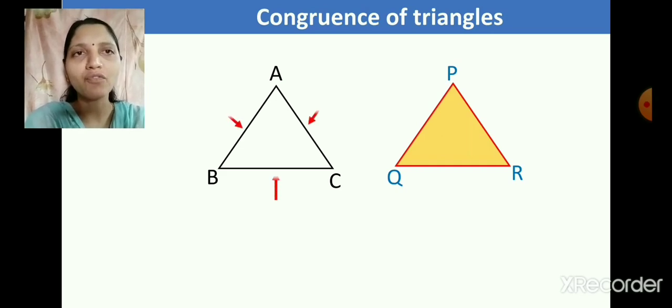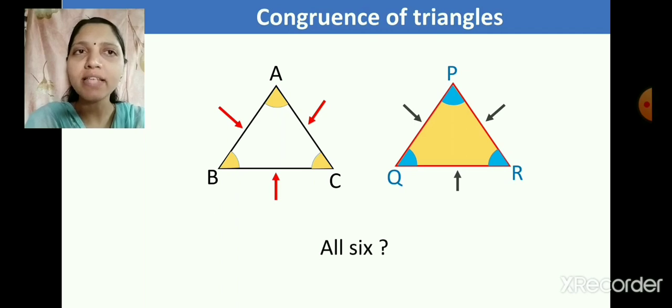I have to consider their three sides and three angles. So altogether I have 6 elements. I have to measure all these 6 elements and compare them to find the congruency of triangles. Is it necessary to consider all 6 elements to find out the congruency?